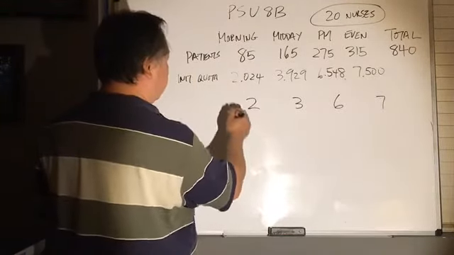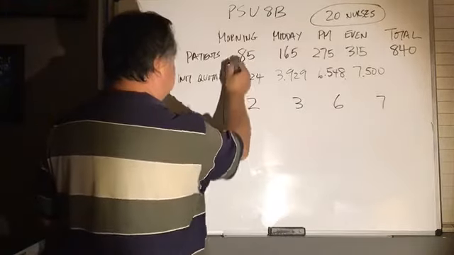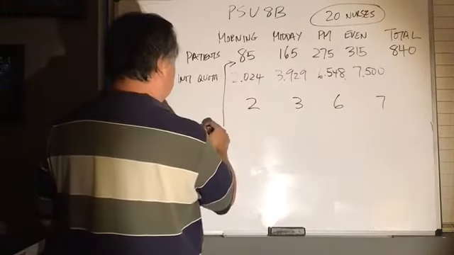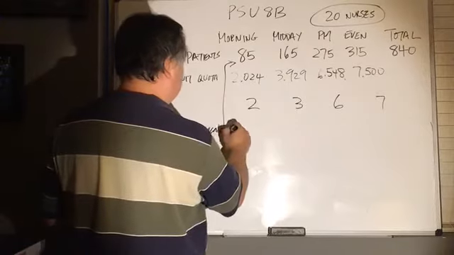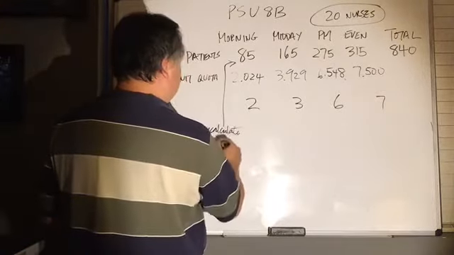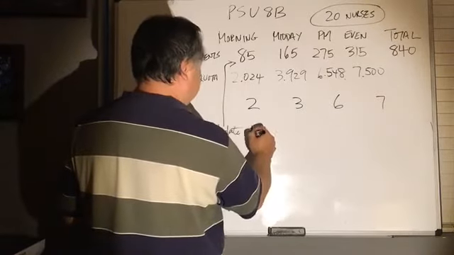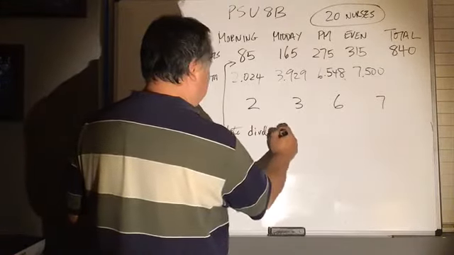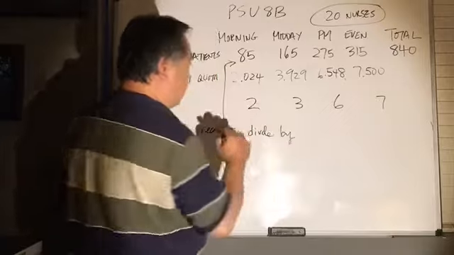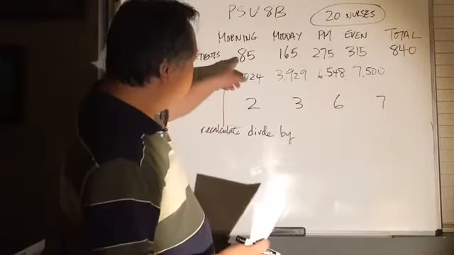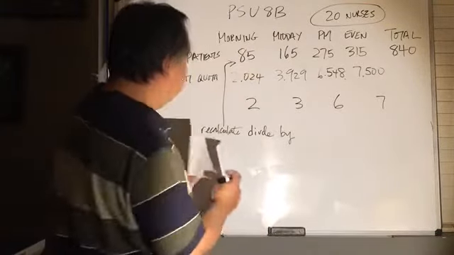Okay? So we're going to calculate these using divide by, because we divided these by 42, right?